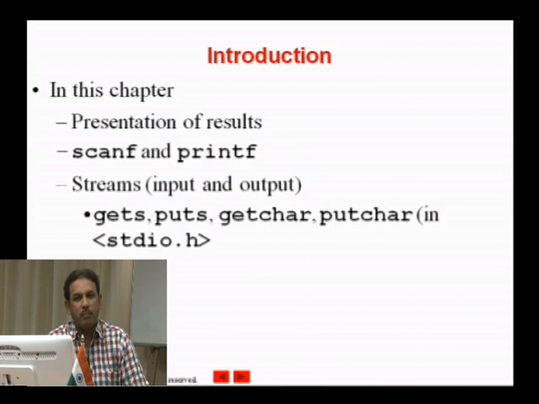Similarly, there are plenty of header files available. For example, if you want to use mathematical functions like finding square root or sine, cos, tan, and so on, you have math.h. Similarly for string functions, manipulation of strings, string copy, string length, concatenation, you have string.h. Similarly conio.h, and so on.